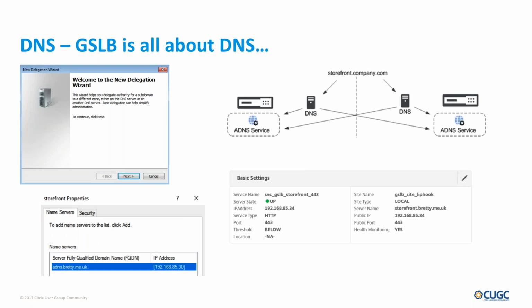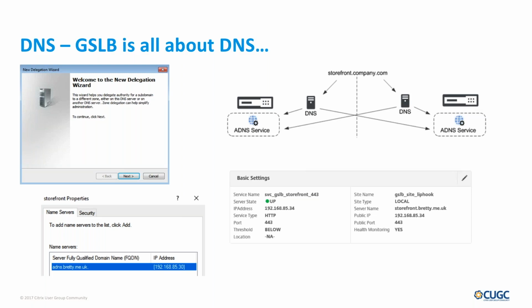If we look at a typical scenario, a user would request storefront by typing storefront.company.com into a browser. This would then contact their defined DNS servers on the endpoint they're using. Those DNS servers have had that zone delegated to the ADNS servers on both your on-premises and your Azure NetScalers. So it will hand that DNS request off to the ADNS service.